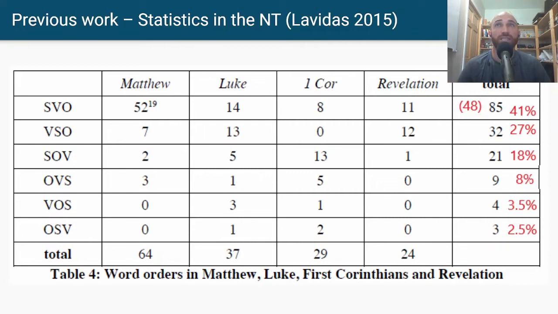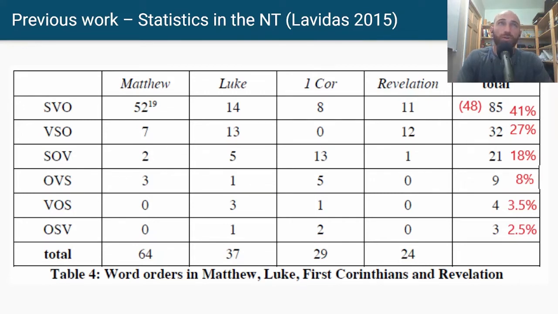And she does include several different authors, right? Matthew, Luke, 1 Corinthians, and Revelation, to say, okay, I'm not just looking at one particular strand of New Testament Greek, but what is the basic order in New Testament Greek in general? So for SVO, she has 85 total.